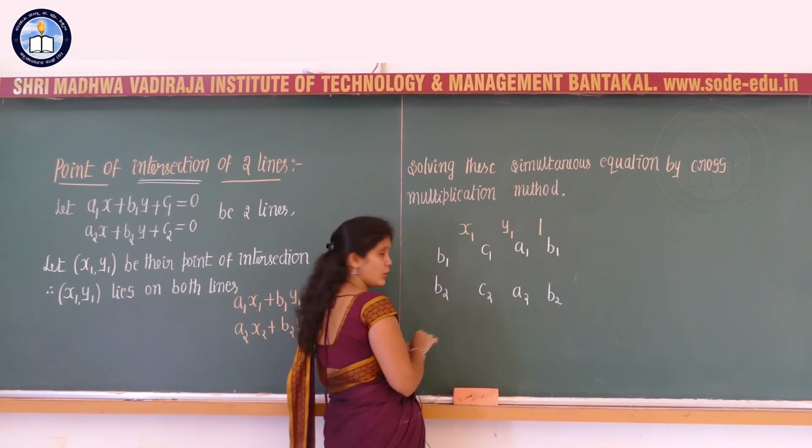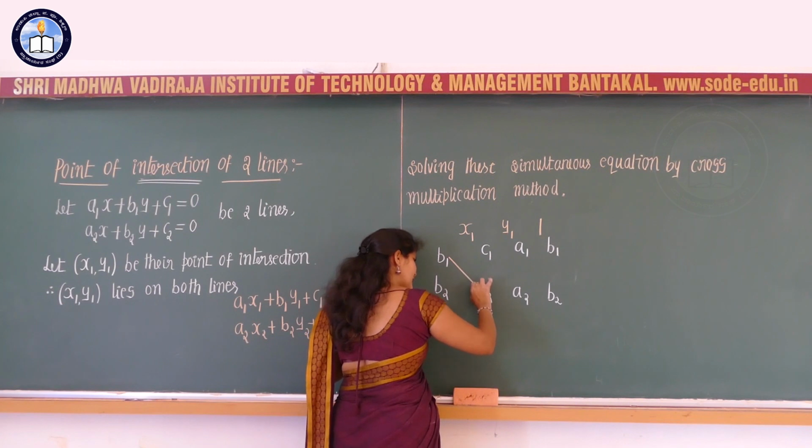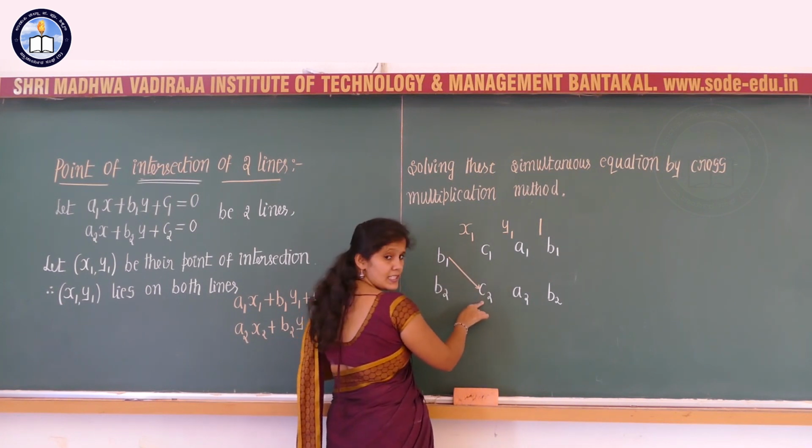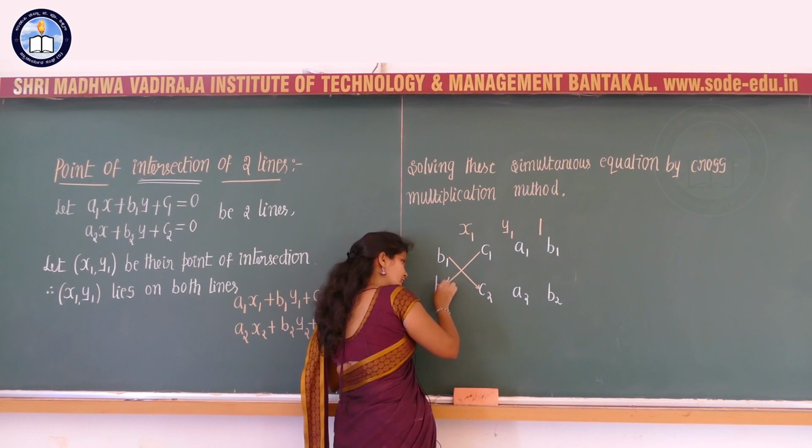In order to get the value of x1, we are cross multiplying these two, that is b1 into c2 minus b2 into c1.